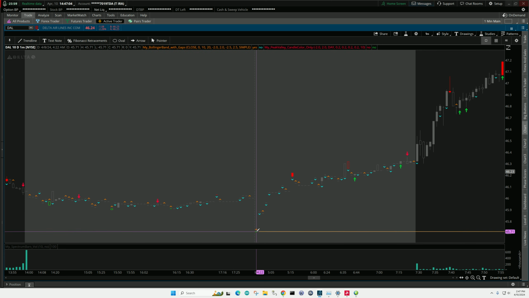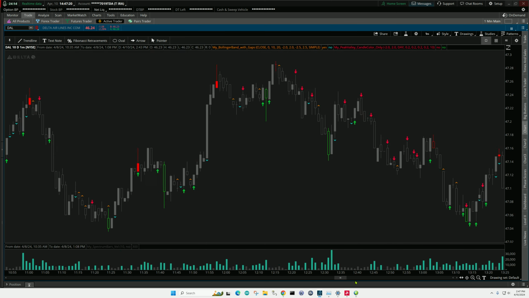So one lot traded right there at 47.51. So if we scroll, there's a gap between this body and this body, even though they're really just dashes, there's a gap all the way down there.